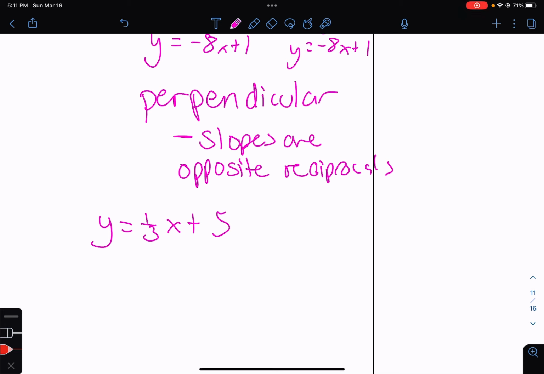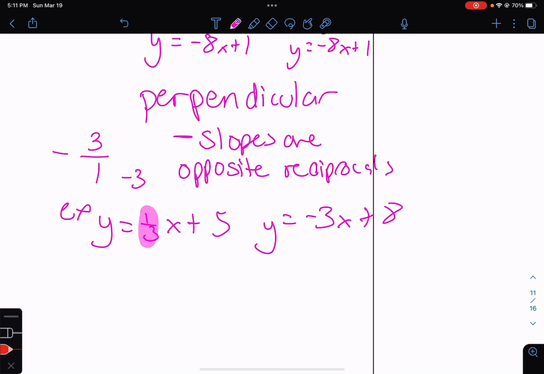An opposite reciprocal of this slope would be if we flipped it, so it'd be 3/1, and then you have to change the sign of it. If it's positive, it's going to become negative. So an opposite reciprocal slope would be -3. So we'd get y equals -3x, and your y-intercept's pretty irrelevant. It just really matters with the slope. I guess -5 might be confusing, so we could say it's like +8.